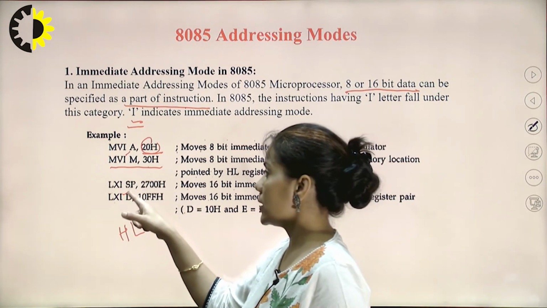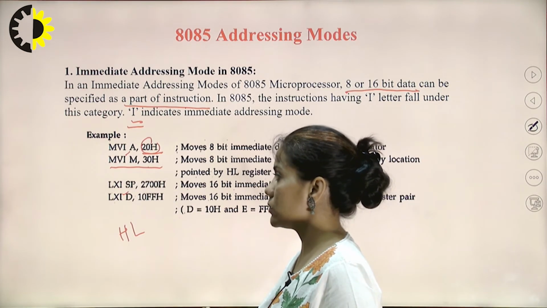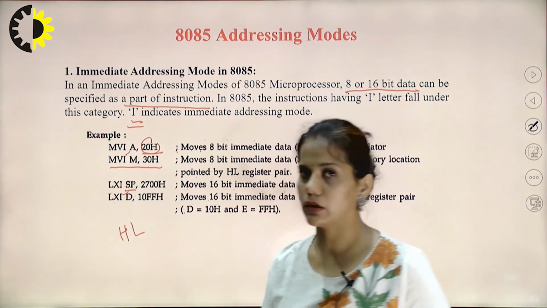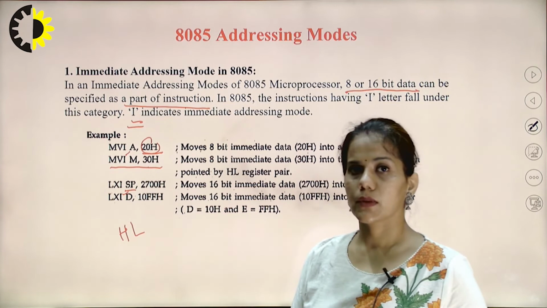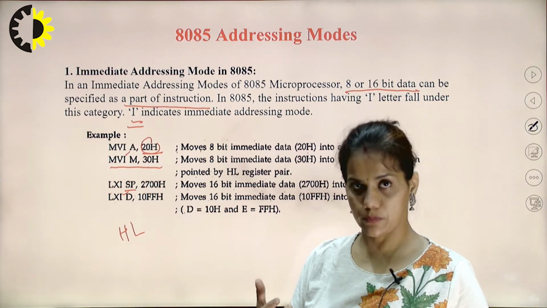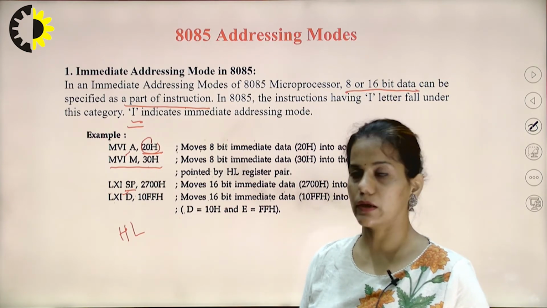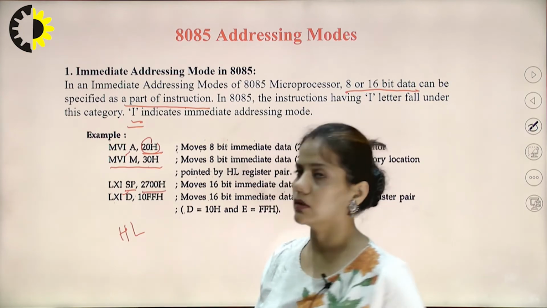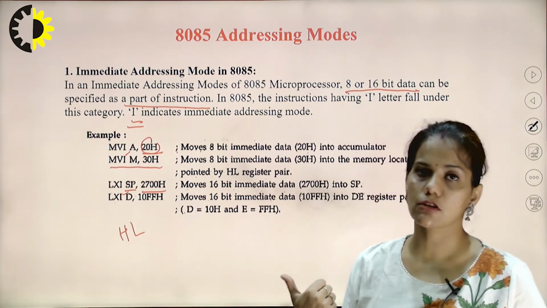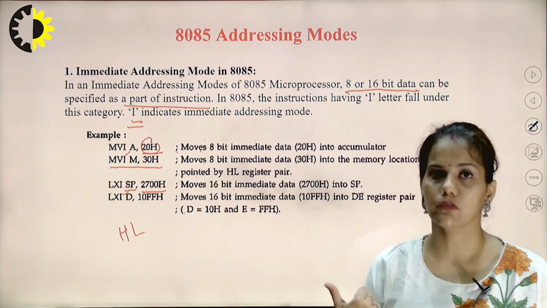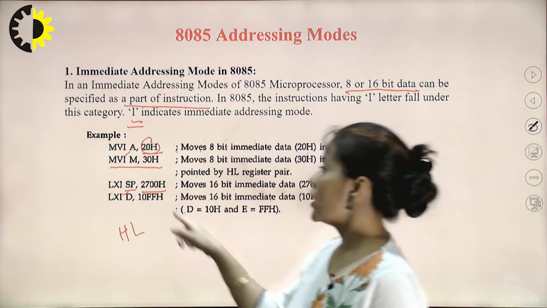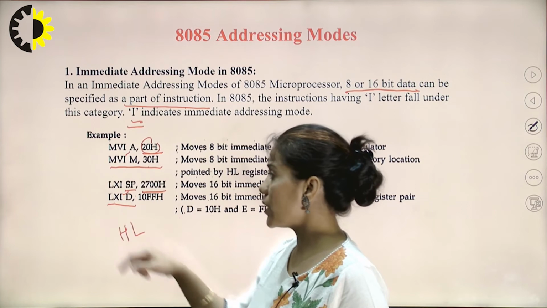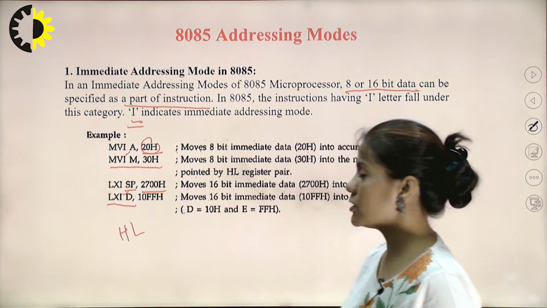Now LXI SP, 2700. The SP stands for the stack pointer. It means the stack pointer is being immediately loaded with some content. What is the content? This is the content. After the execution of this instruction, the stack pointer will get updated with 2700. Now suppose I am writing LXI D, 10FFH.